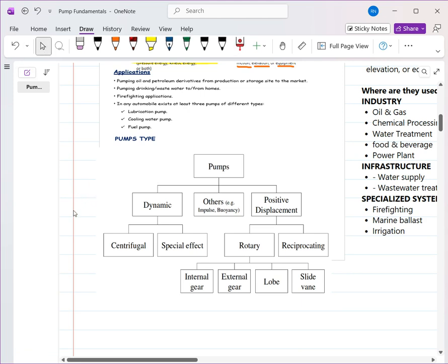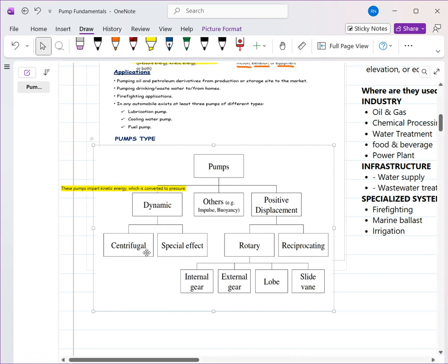So I will write here: these pumps impart kinetic energy which converts to pressure.